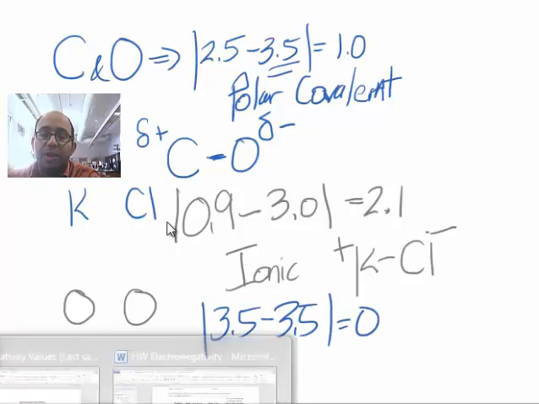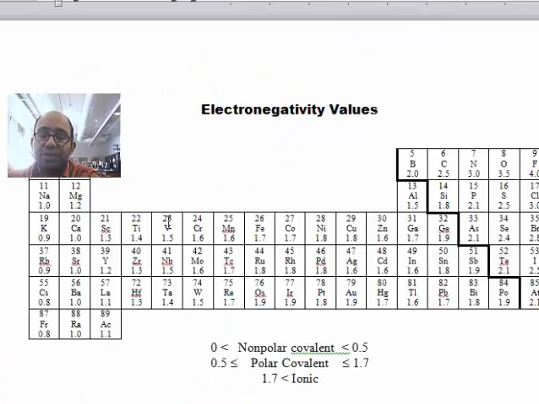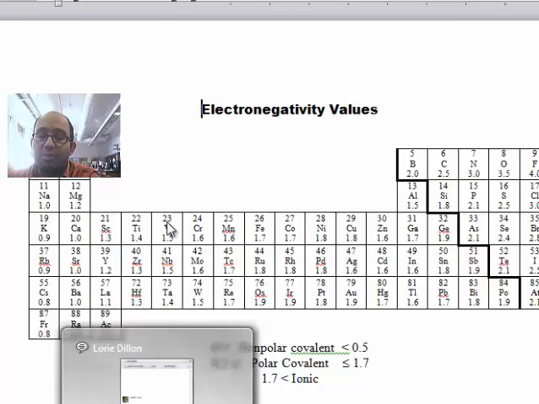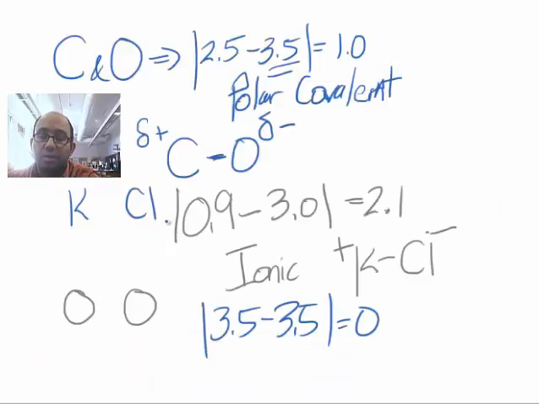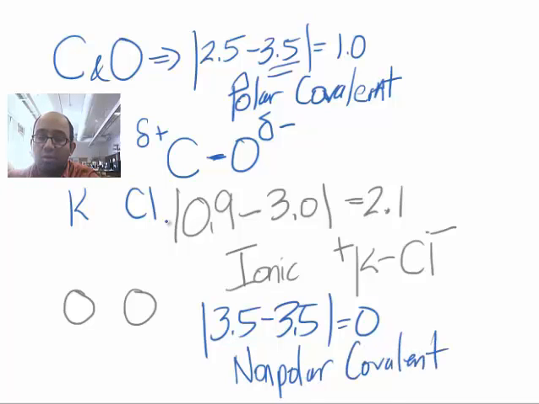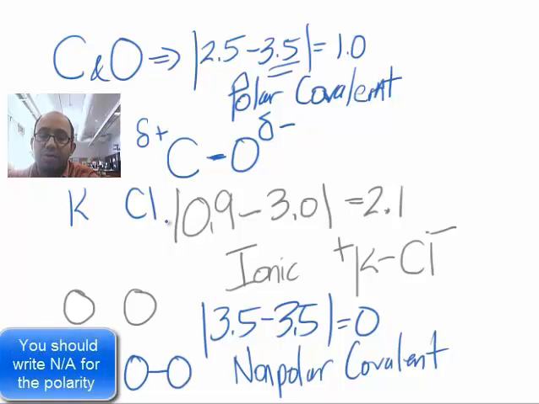And if they're both pulling equally, you know that the electrons have to be shared. So you see that 0 is non-polar covalent. So you would write O, the bond between the 2 O's, and since there's no charge distribution, you don't label it.